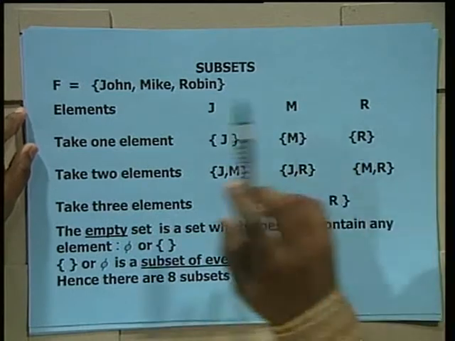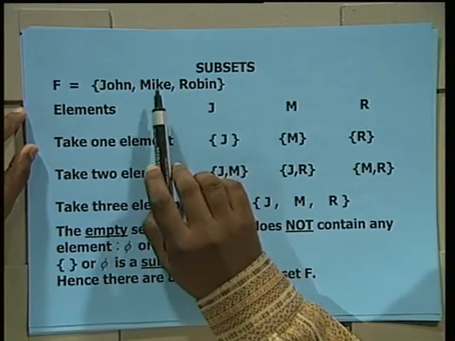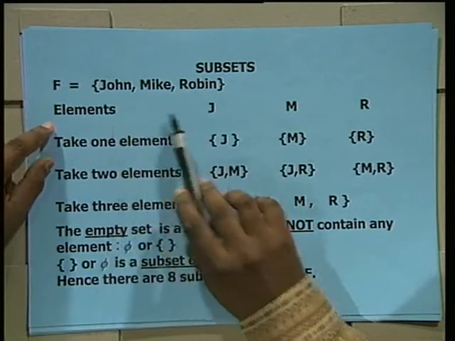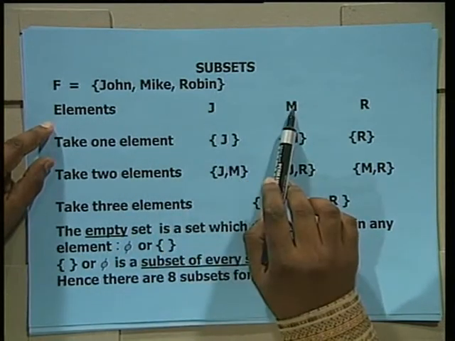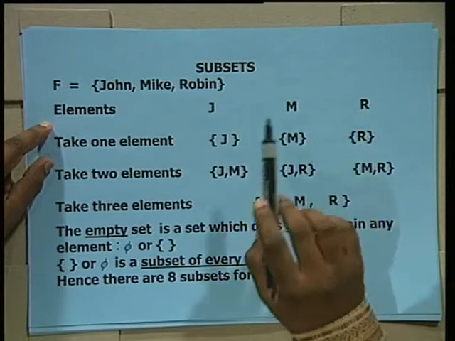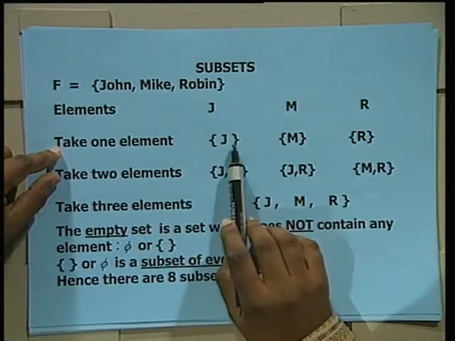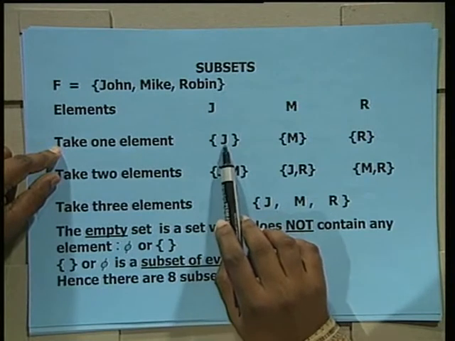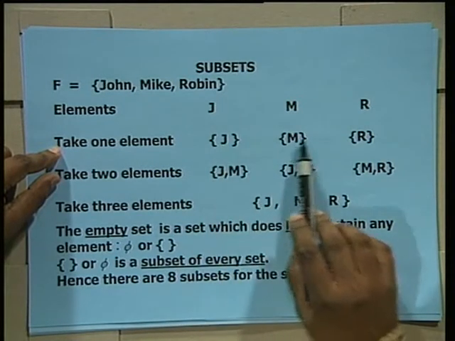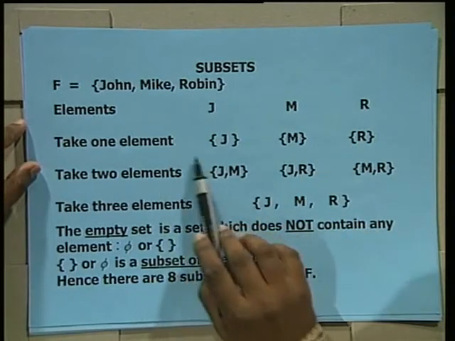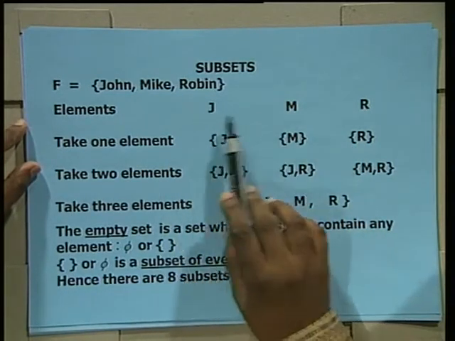Due to lack of space, instead of writing John, Mike, and Robin, we are going to write J, M, and R. So the elements are J, M, and R. In order to make subsets, you take one element and write it within curly brackets. So J is a subset. Similarly, M will be a subset, R will be a subset. You can also take 2 elements at a time, J and M.